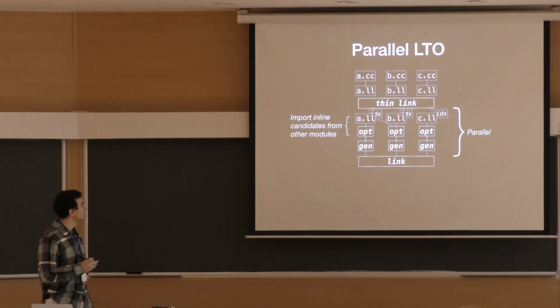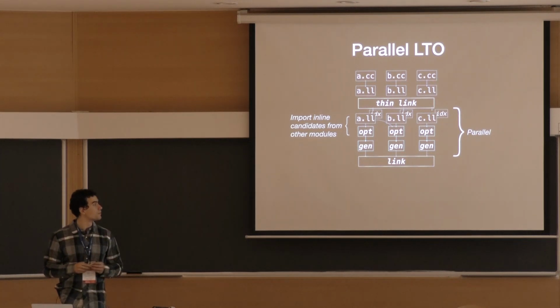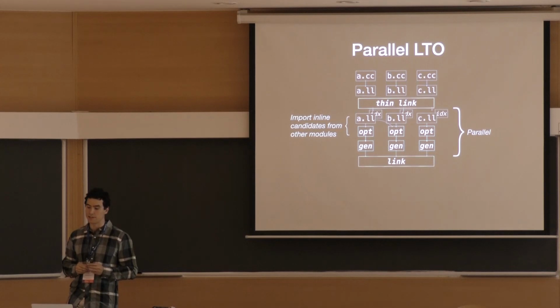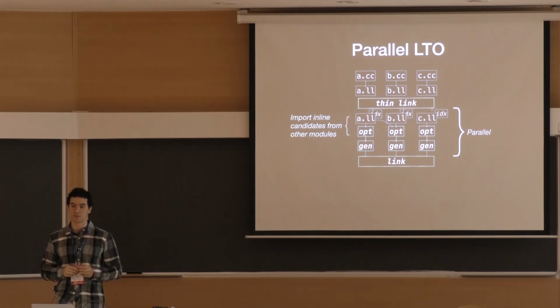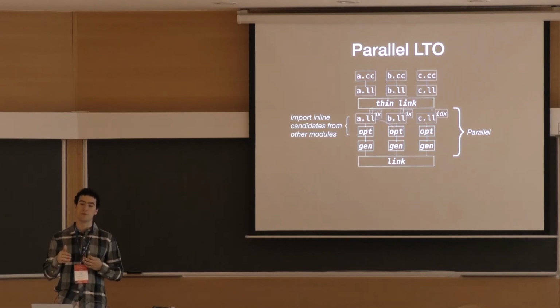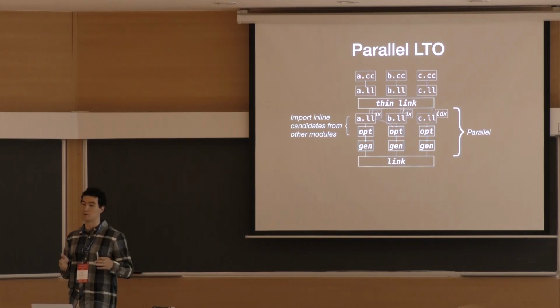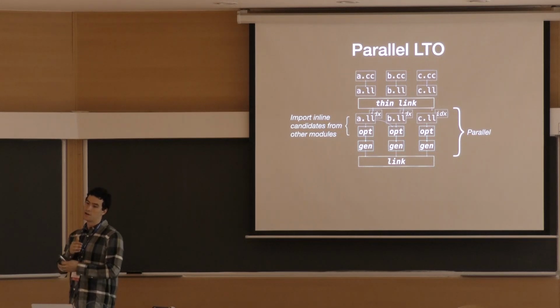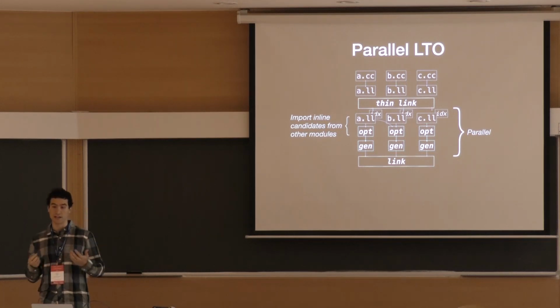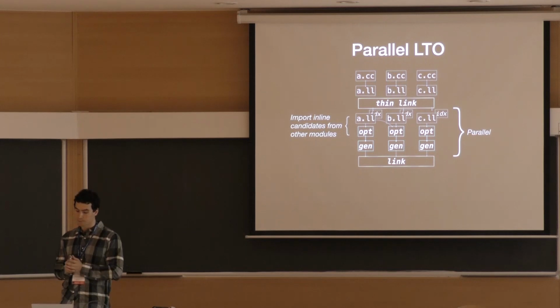So this slide, this idea, is taken from the Clang ThinLTO project, which is a project that Google came up with to remove the drawbacks of conventional LTO so that they could apply it to their in-house software, which is pretty huge.